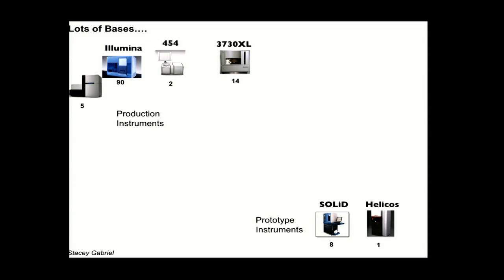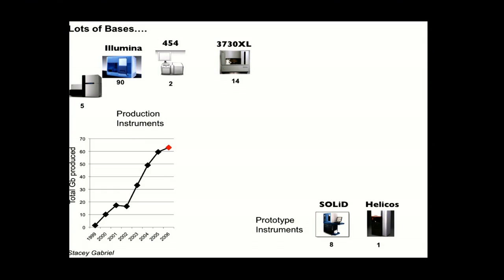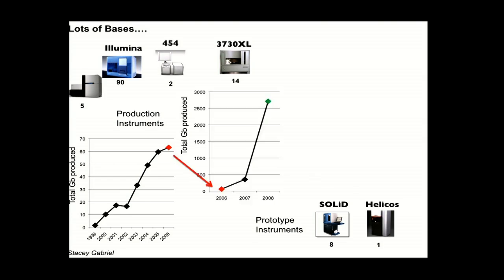So to give you an idea of what we're struggling with here in terms of data production, this is, I think, a very nice figure that Stacey Gabriel gave me that is the number of gigabases produced by the Broad as a function of the year. So this is looking good, 50 gigabases, 60 gigabases by 2006.